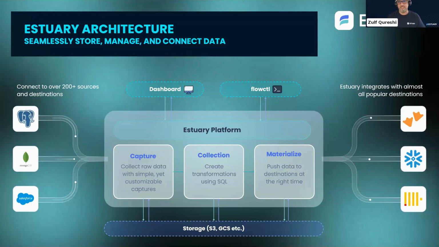So one of the key reasons is that we can eliminate a single point of failure. Say, for example, ClickHouse goes down, it's out of our control, we can't communicate to it. That doesn't necessarily break your entire data pipeline. By having collections in the middle, what we do here is decouple the architecture.